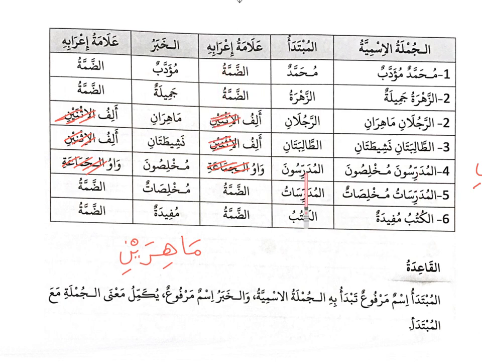This word al-mudarrisuna is a jama' word, specifically jama' mudzakkar salim, which ends with waw and nun. So we cannot put a dhamma, and we cannot say mudarrisunu. So this tells us that dhamma is not applicable.